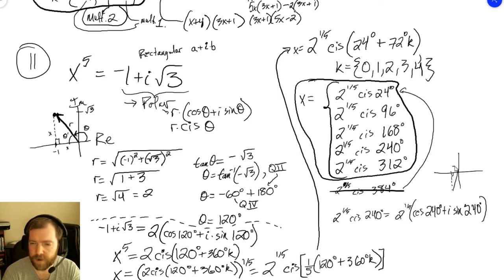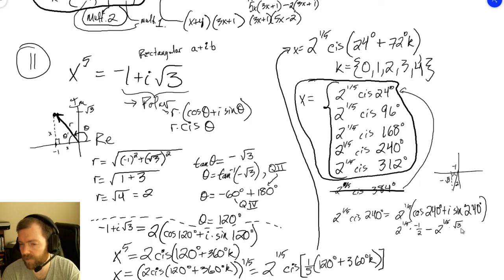So this is going to be -1, -√3, and +2 for our 3 sides of the triangle. Our reference angle is here. So the cosine is going to be short side, -1/2. So 2 to the 1/5 times -1/2. And then here the sine of 240 is going to be -√3 over 2. So let's do a minus 2 to the 1/5 times √3 over 2.